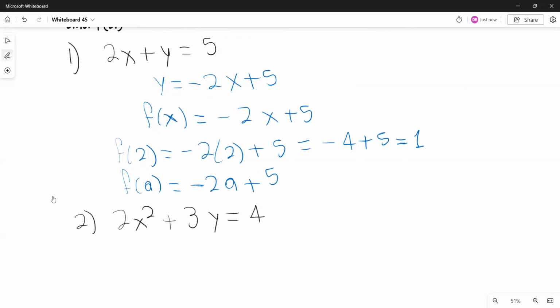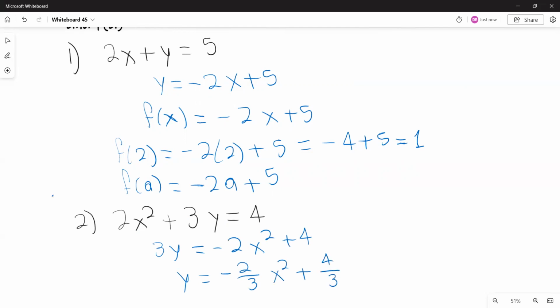Let's first isolate the expression with y, in this case 3y, by subtracting 2x squared from both sides. And then divide both sides by 3. So that's going to be negative 2/3 times x squared plus 4/3.